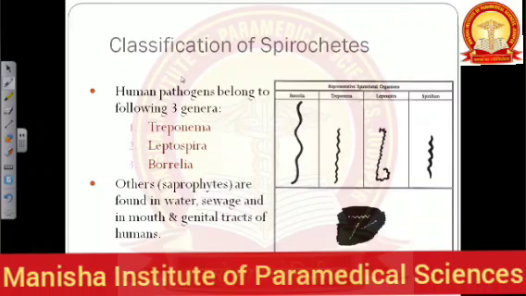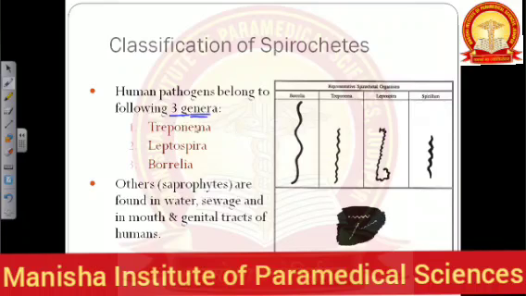Now the classification of spirochetes. We can divide them into three different genera based on their clinical significance, and all three can cause severe infections in human beings. First is Treponema, second is Leptospira, and third is Borrelia.